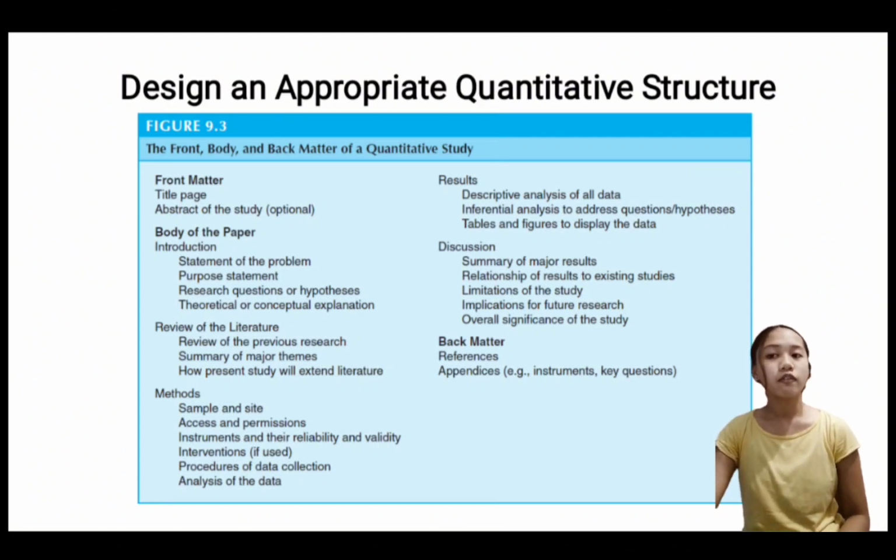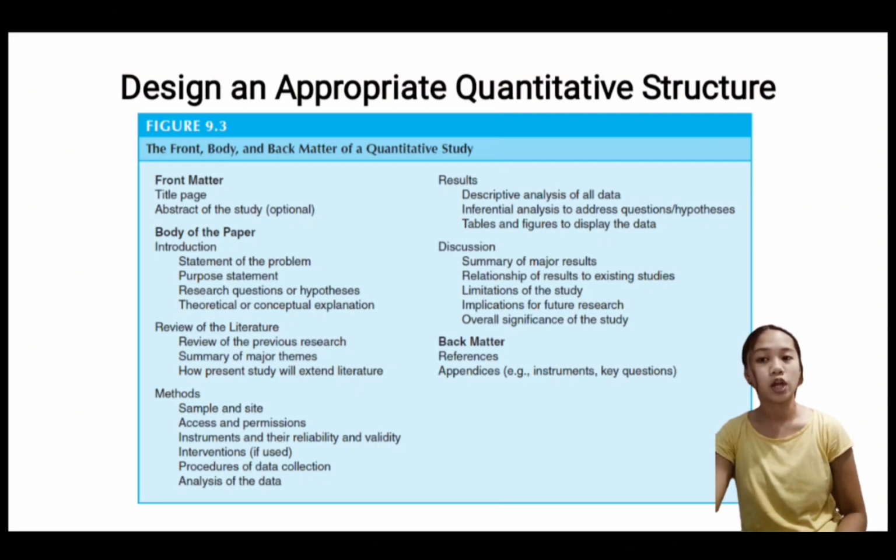For the review of literature, it is where you will review the previous research and see how it is related to the study you are trying to propose. You will use it as a basis as the concepts were already laid out. What you will do is connect, combine, or contribute new ideas as to how the present study will strive or develop.